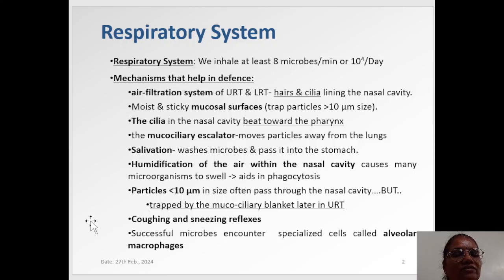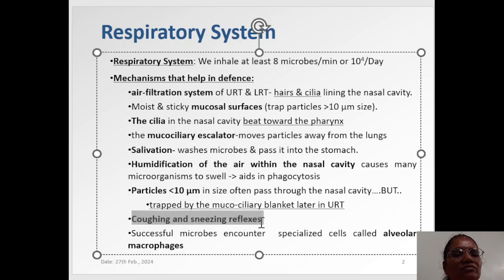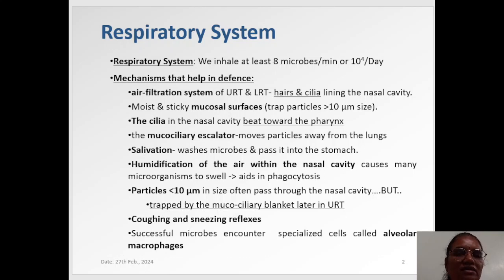And coughing and sneezing are mechanical reflexes which remove the organisms from the respiratory tract. So, all these mechanisms keep our respiratory system nearly protected, preventing multiple infections trying to enter the body through the respiratory system.